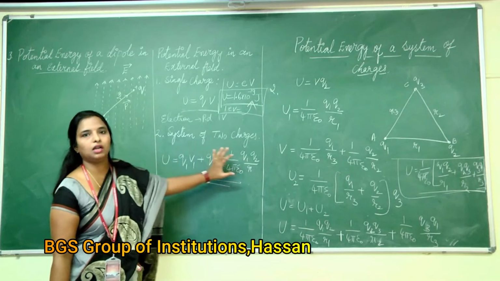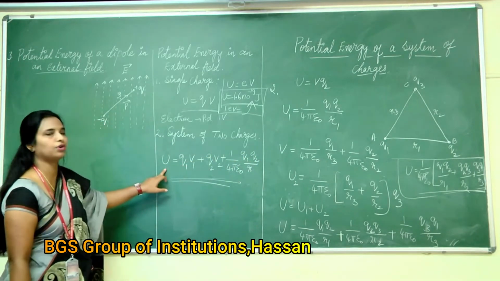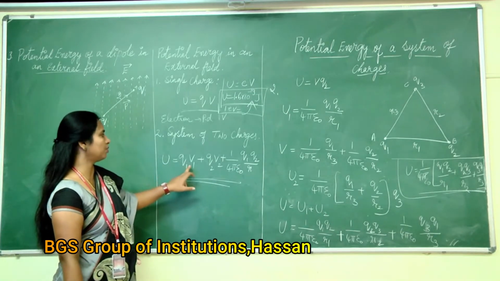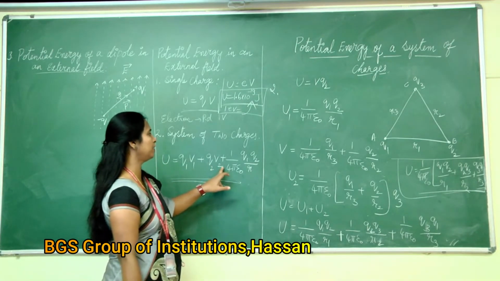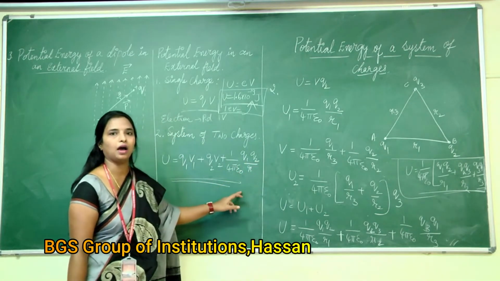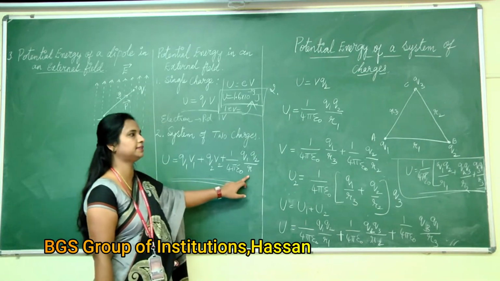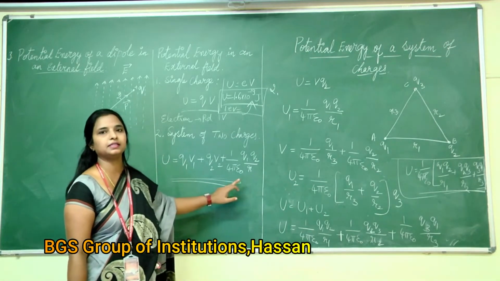The total potential energy of the system of 2 charges is U is equal to Q1 V1 plus Q2 V2 plus 1 by 4 pi epsilon naught Q1 Q2 divided by R, where Q1 and Q2 are point charges separated by a distance R.